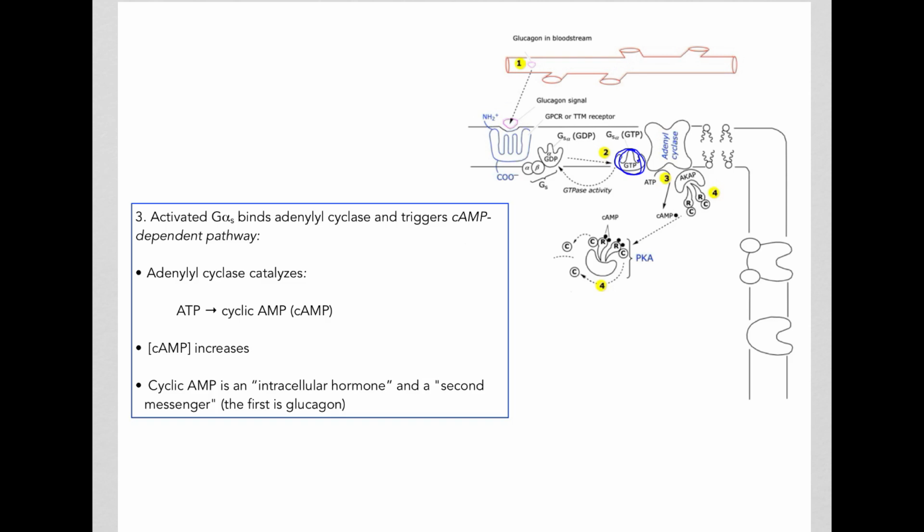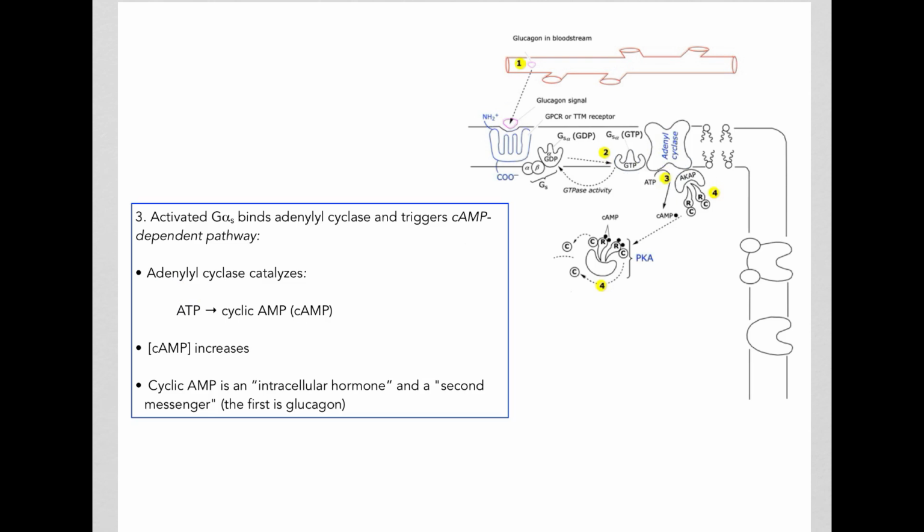Okay, so now the G-alpha S protein has a GTP bound to it and is activated. So what does it do? It will go and bind to the enzyme adenyl cyclase, and it will activate this enzyme, and this enzyme will now convert ATP into cyclic AMP. So ATP substrate will be converted into cyclic AMP by this enzyme adenyl cyclase.